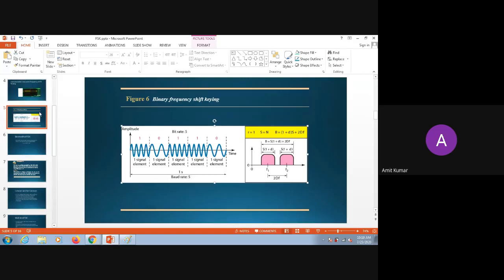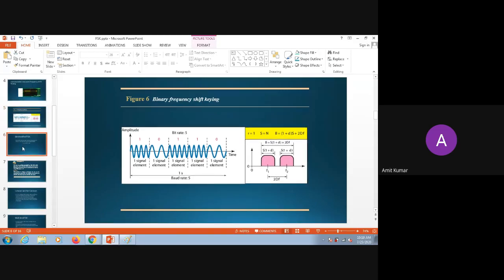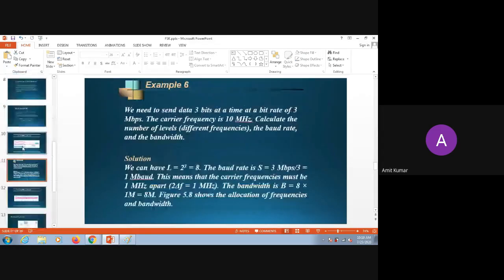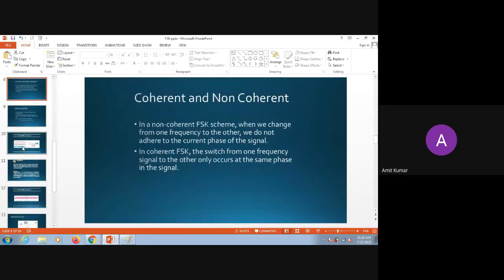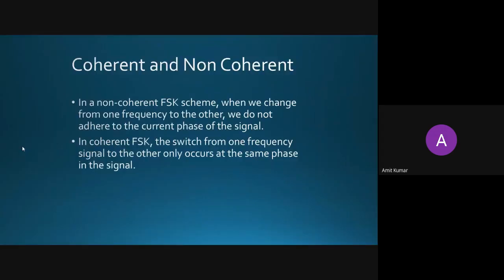If you are starting from the zero phase, then it is known as non-coherent FSK.